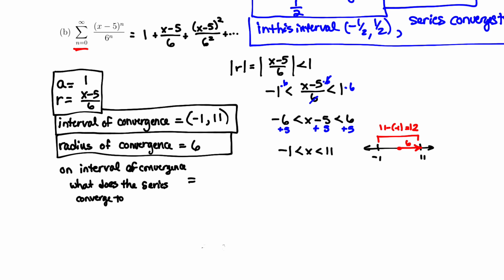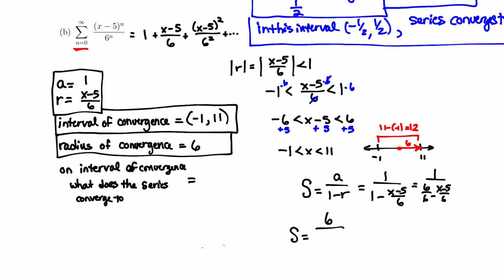All right, so on the interval of convergence, what does the series converge to? The sum of the series is a over 1 minus r. So that's 1 over 1 minus (x minus 5) over 6. Did anybody simplify that down? I think if you get a common denominator and simplify it all down, you get 6 over negative x plus 11.